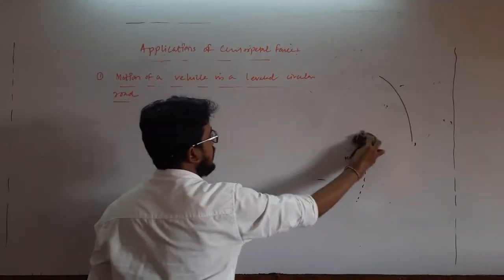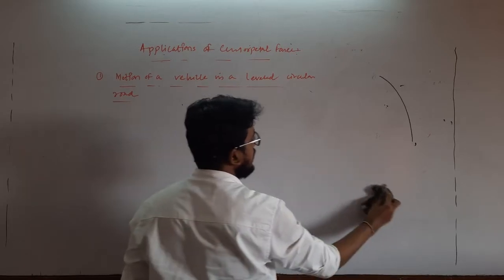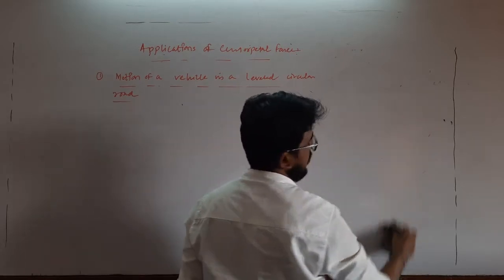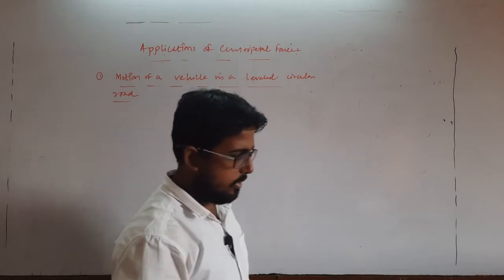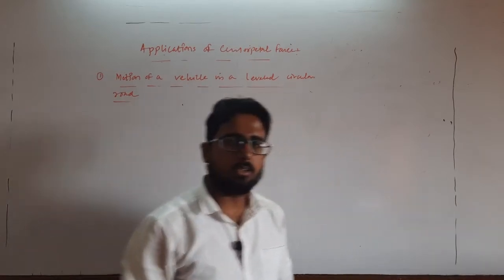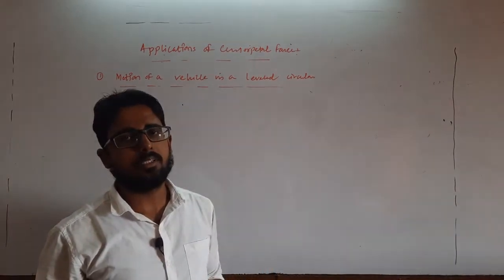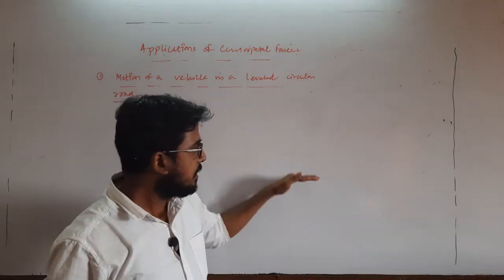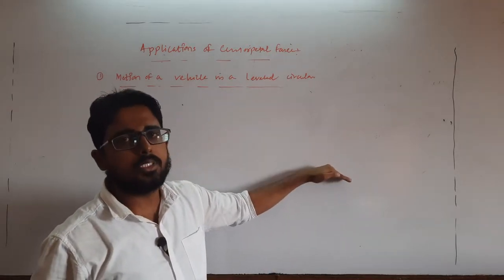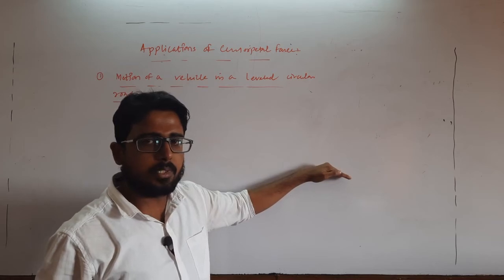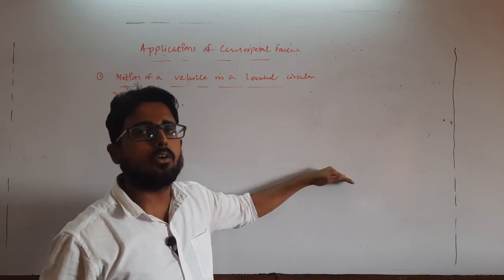But if we want to increase the speed, in national highways the vehicles take the turn with very large speed. So in that case, the friction is not sufficient to make the turn safe.